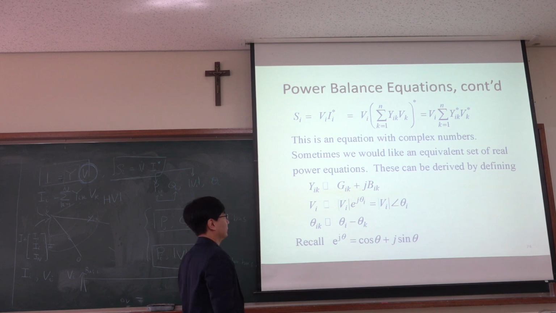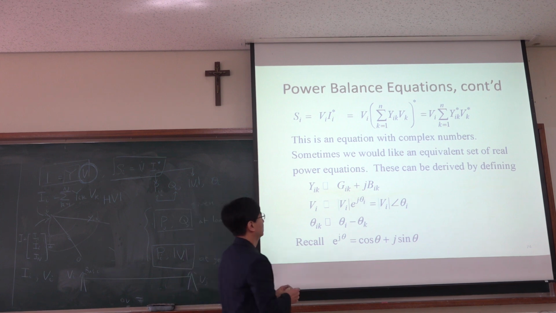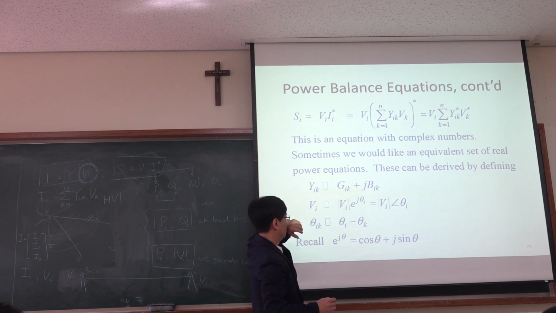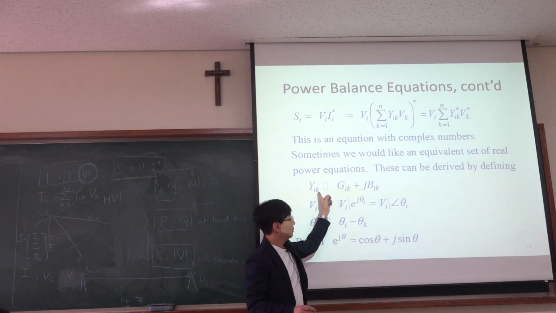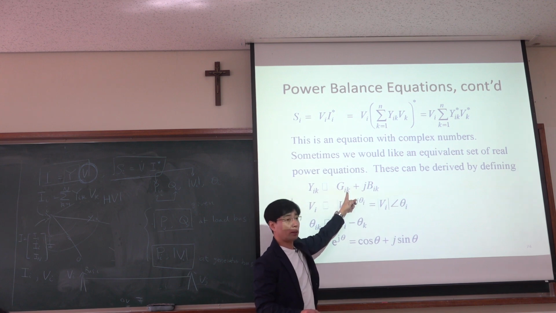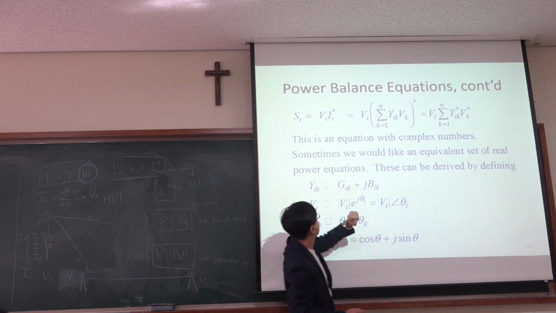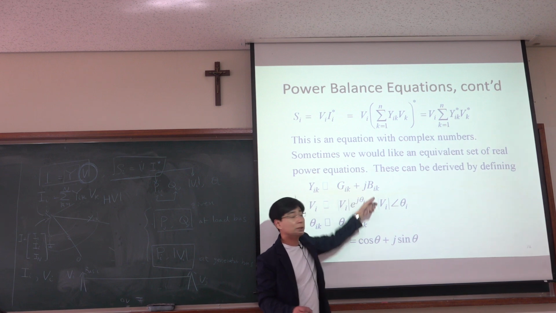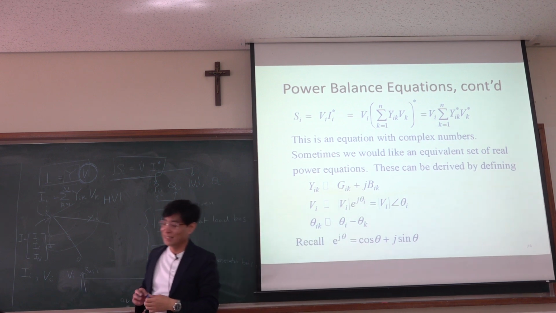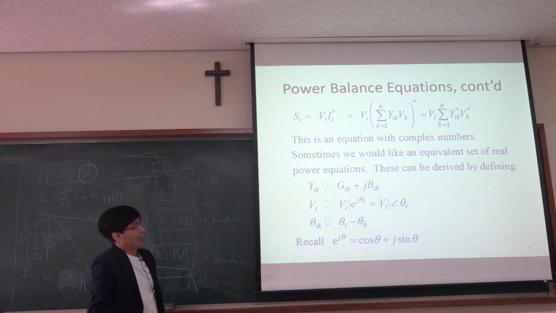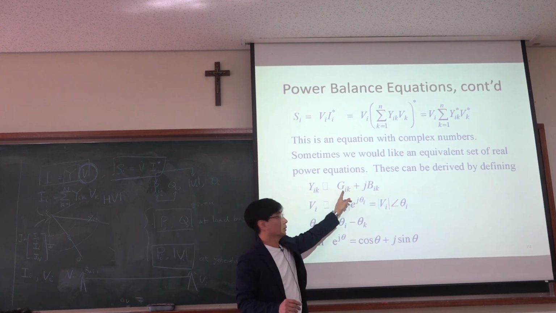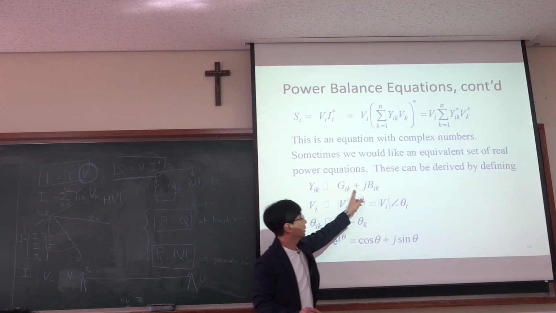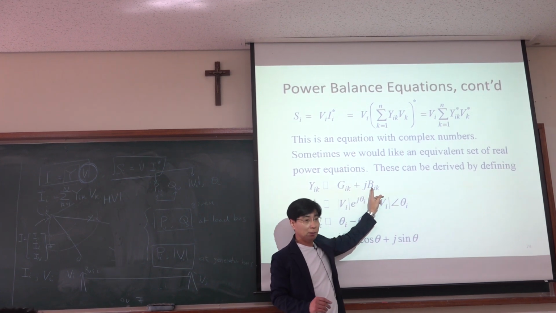By the way, this is the element of the bus admittance matrix. This is the real part. This is the imaginary part. And what is the name of G? And what is the name of B? So this corresponds to conductance, and this corresponds to susceptance.